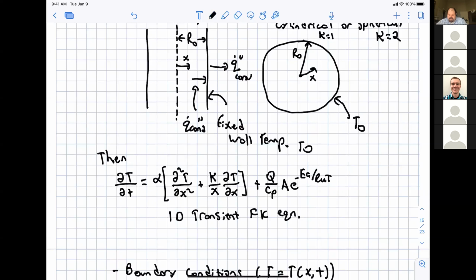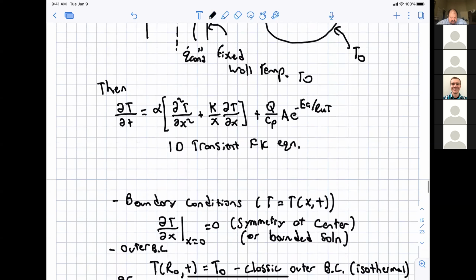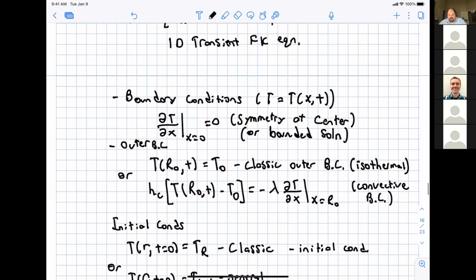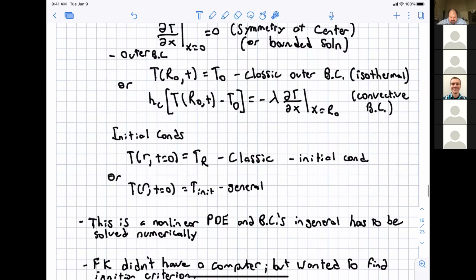You have worked with this in your heat transfer classes to derive this boundary condition, and you may have even played with it for some cases. So this would be a convective heat transfer boundary condition, and we have our initial conditions.